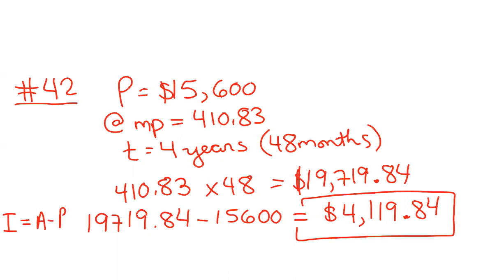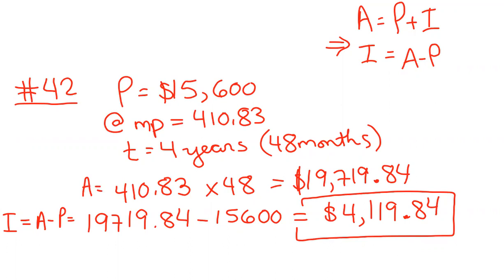Where we have here I equals A minus P, where simple interest came to us as A equals P plus I, right? So therefore I equals A minus P. This was another version of A because it was our monthly payments times the number of months, right?